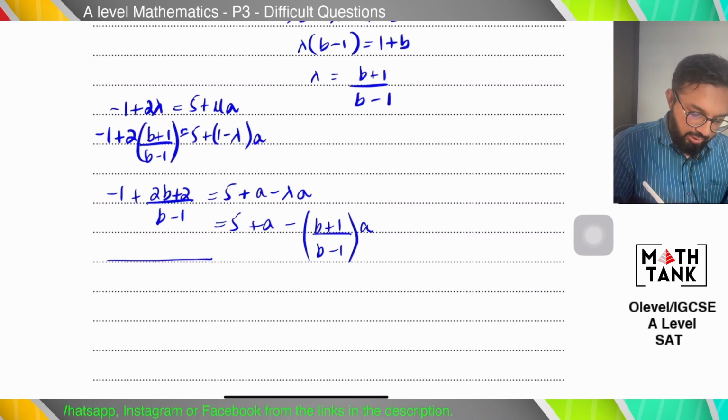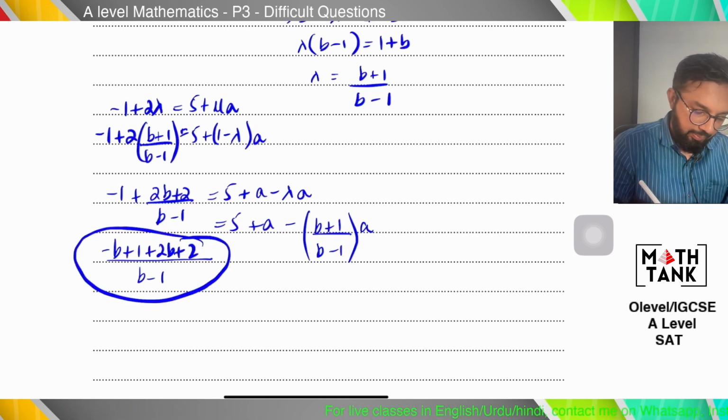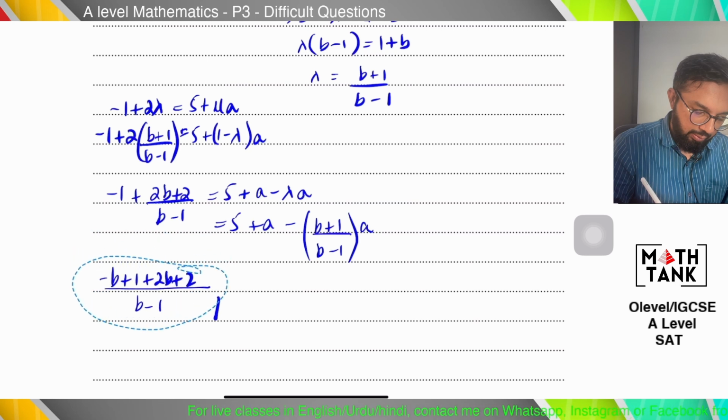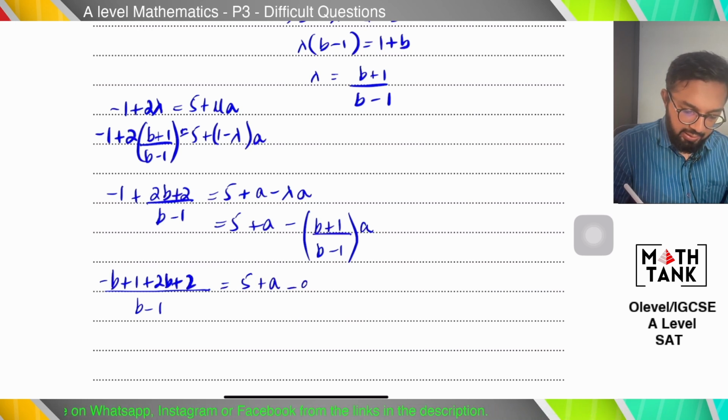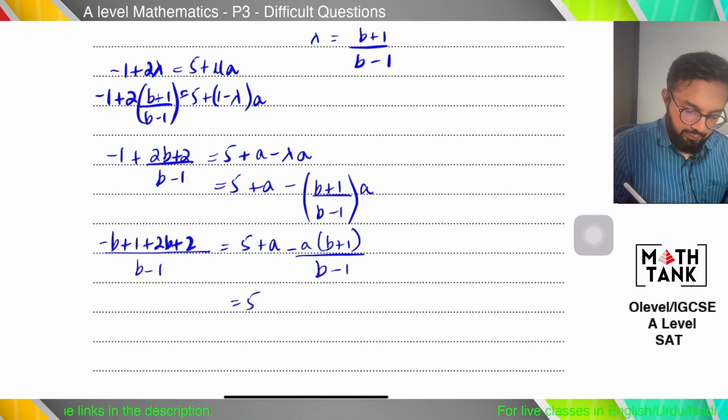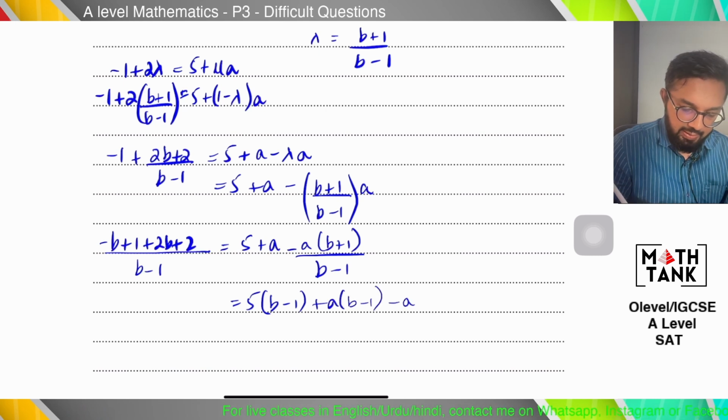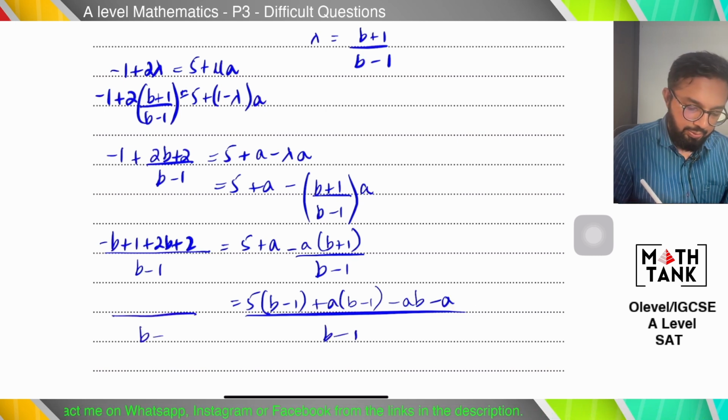Okay, taking a common denominator gives me b minus 1 minus b plus 1 plus 2b plus 2 equals 5 plus a minus a times b plus 1 over b minus 1. I've taken a common denominator now so that I can cancel both sides out.